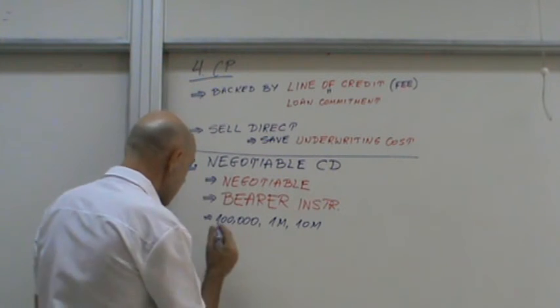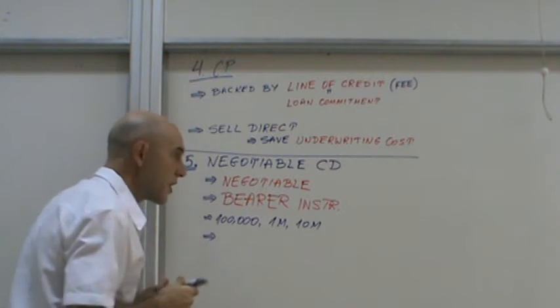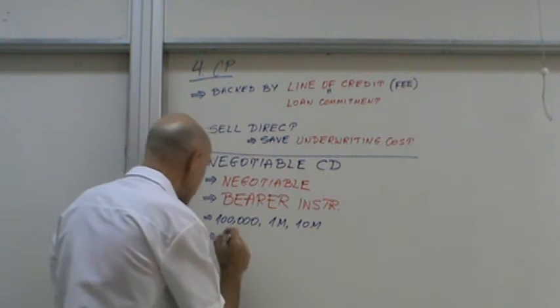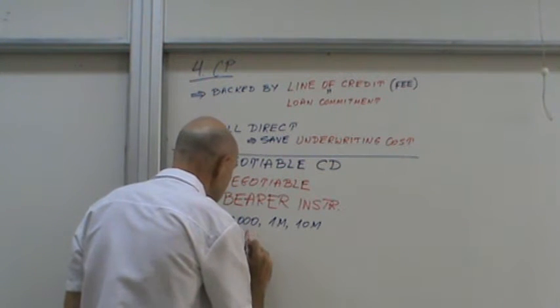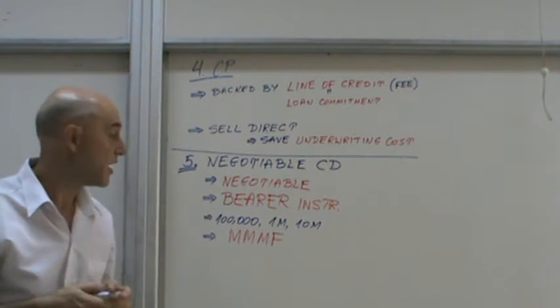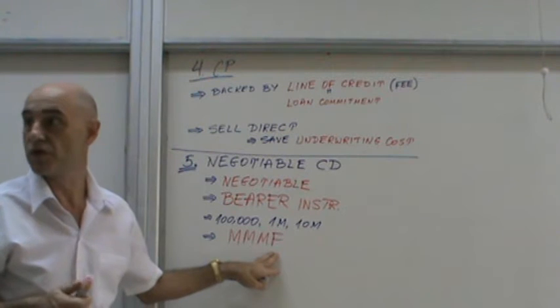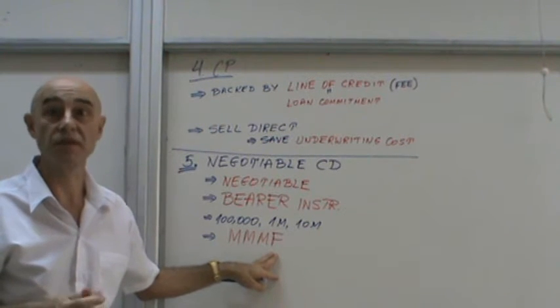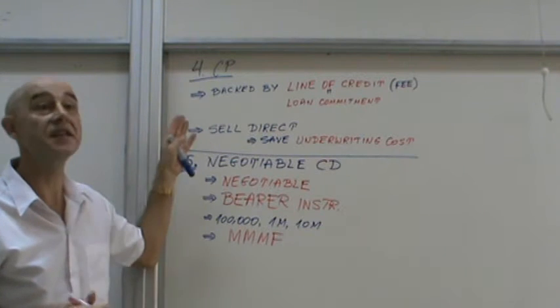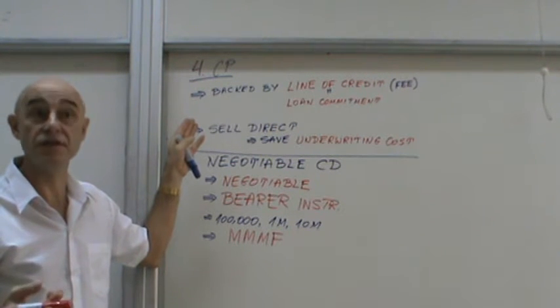As well as here, most of these, and that's very common for all instruments, are all purchased by money market mutual funds. And a money market mutual fund, repeating from one of the early lectures, is a fund that invests in money market instruments.